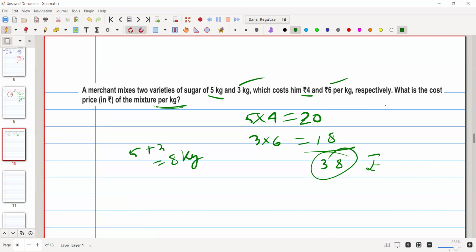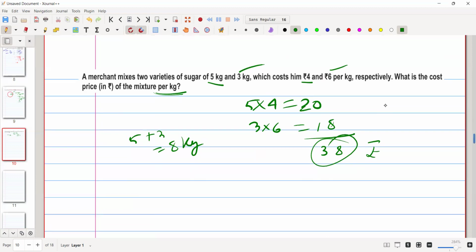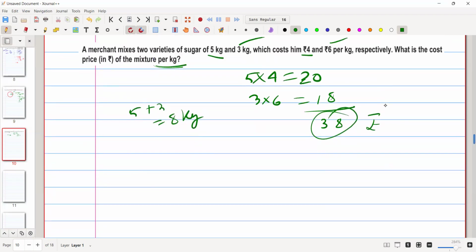Okay, so we need to find here the cost price of the mixture. So the cost price of the mixture will be 38 by 8. So just we have to perform the divisions only.